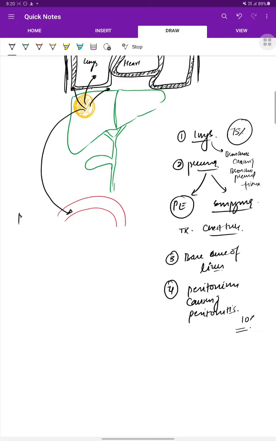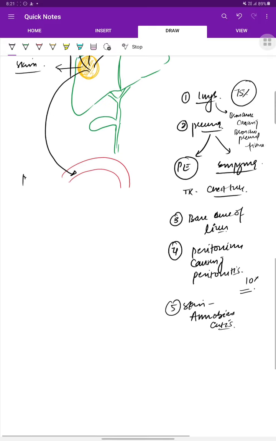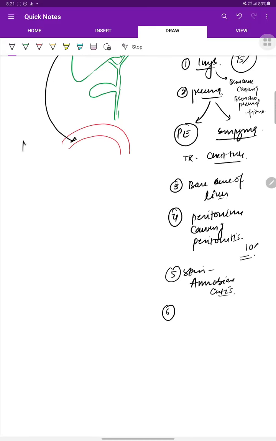If it ruptures directly into the skin, it is known as amoebiasis cutis. It is important.